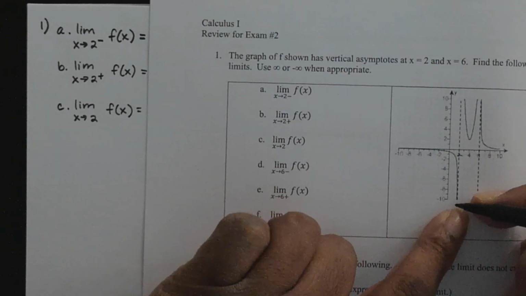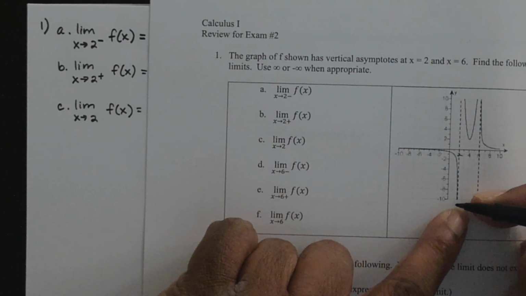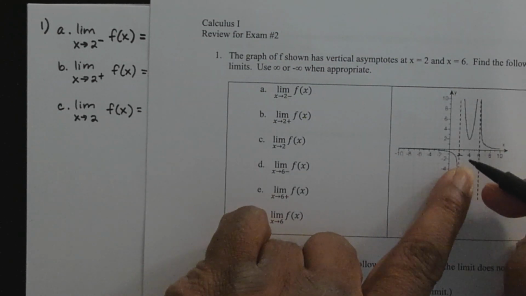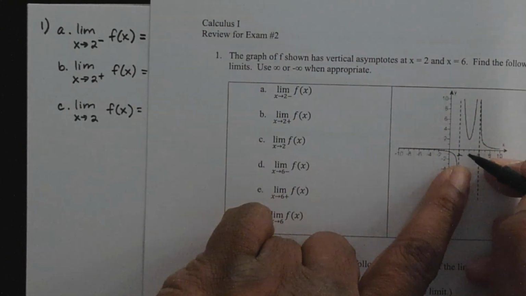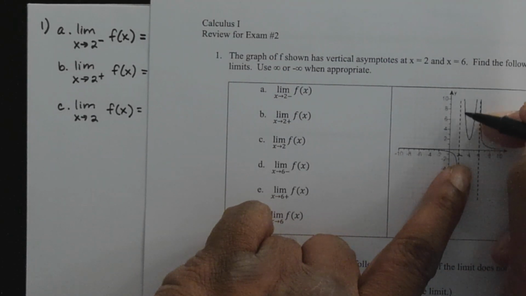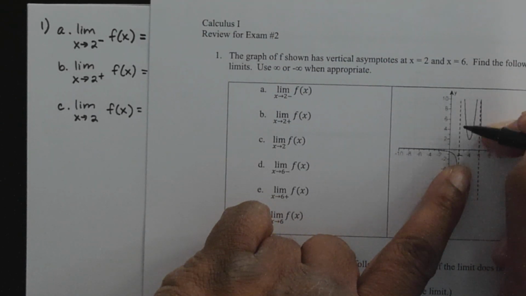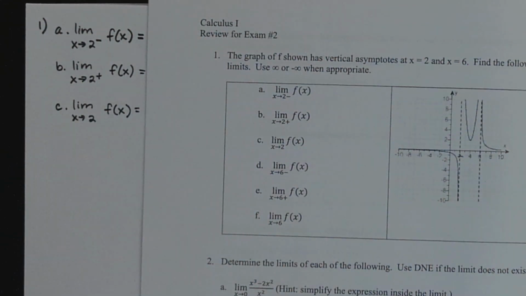It's not going to a finite number. So it goes either up or down. Yeah. And to the right of 2, here's everything coming from the right of 2. You can see that this graph is going upward. Oh, okay, I got you. To positive infinity. Okay, perfect.